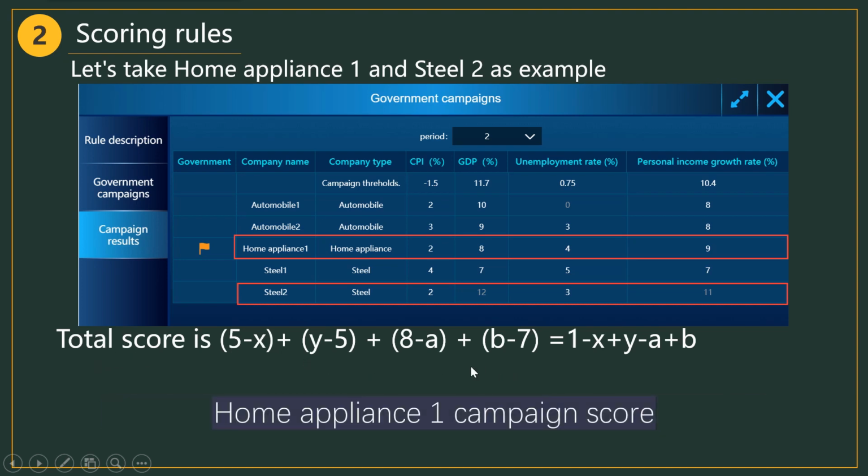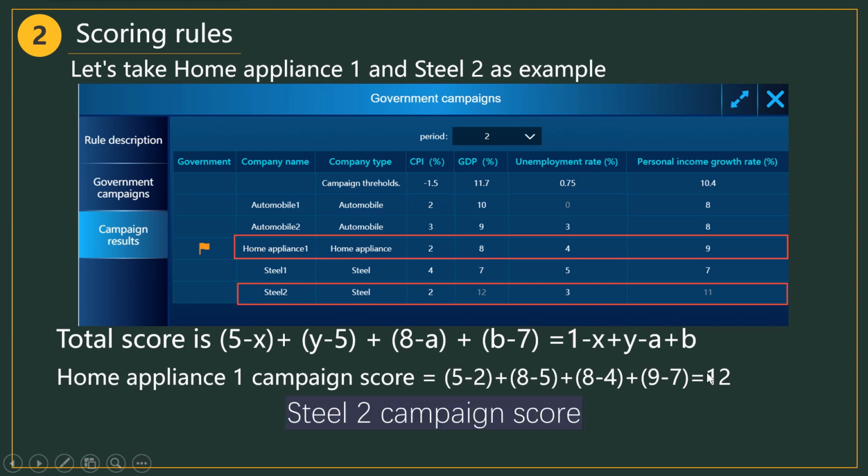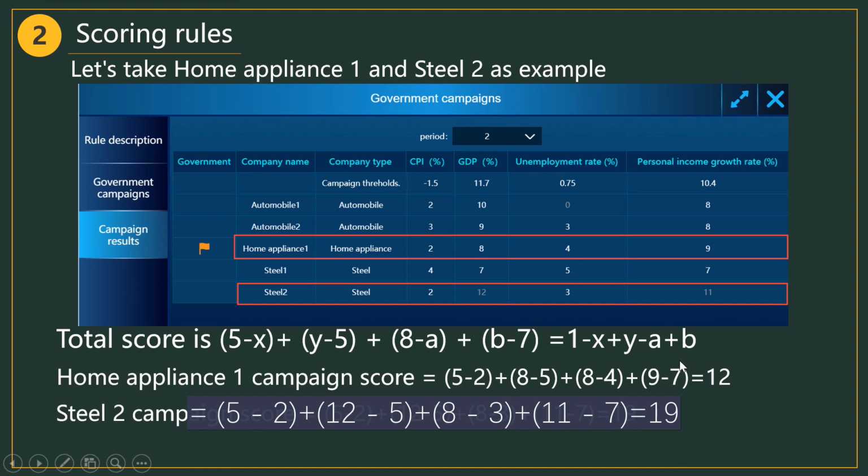Home Appliance 1 campaign score is equal to 5 minus 2 plus 8 minus 5 plus 8 minus 4 plus 9 minus 7, which is equal to 12. Steel 2 campaign score is equal to 5 minus 2 plus 12 minus 5 plus 8 minus 3 plus 11 minus 7, which is equal to 19.